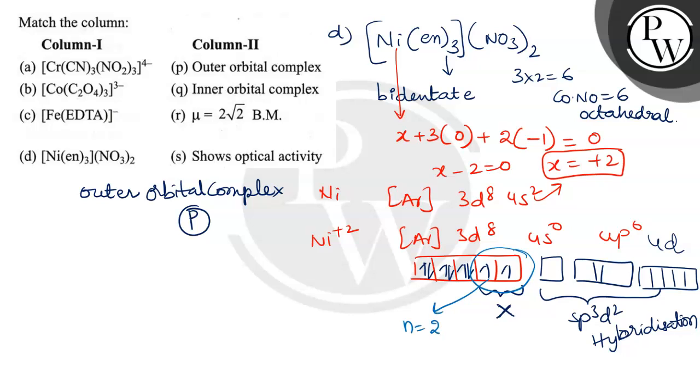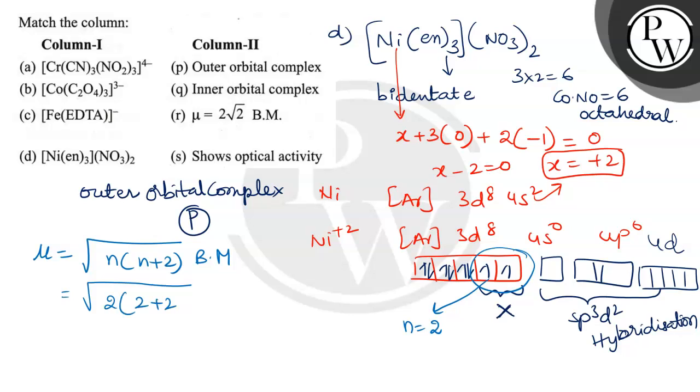So the magnetic moment mu is equal to square root of n into n plus 2 Bohr magnetons. Bohr magnetons are the units of magnetic moment. So root over 2 into 2 plus 2, that is equal to root 8. Root 8 can be represented as 2 root 2 Bohr magnetons. So this is matching with the R point.